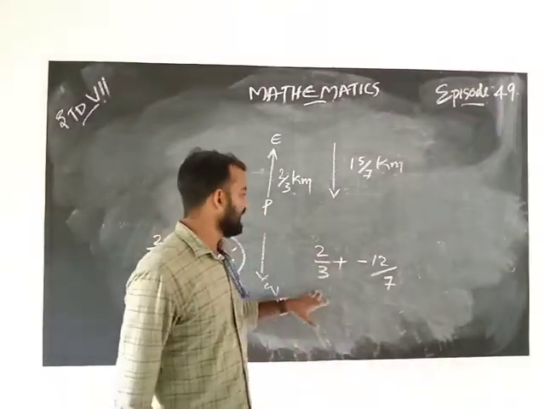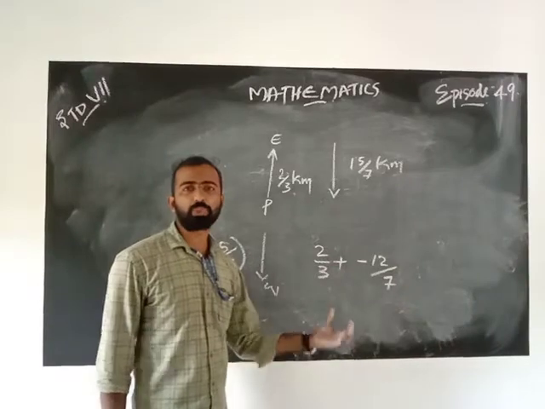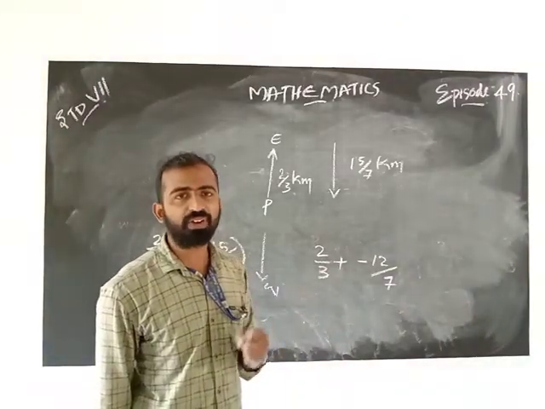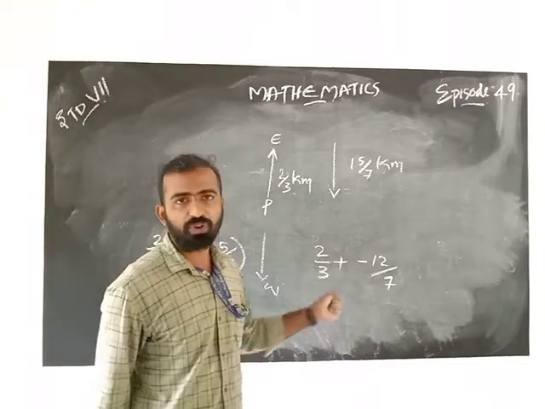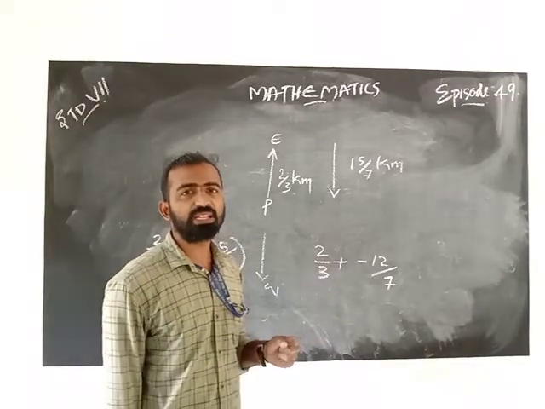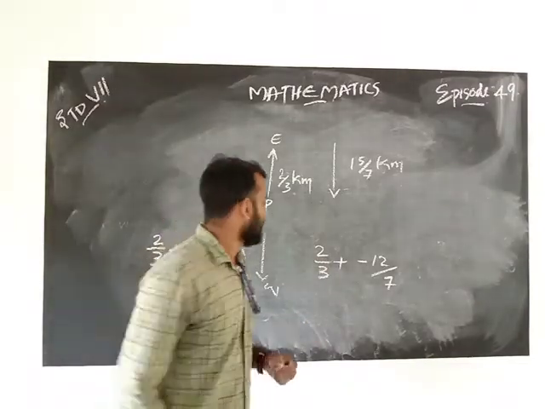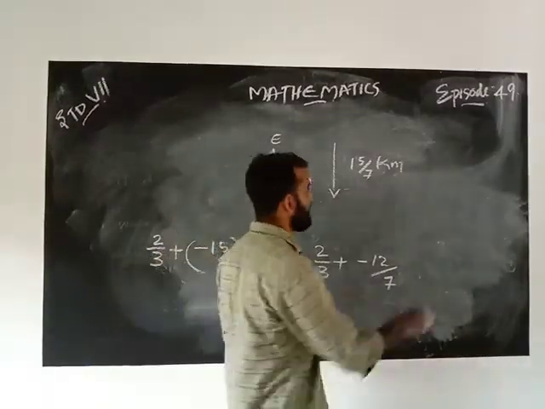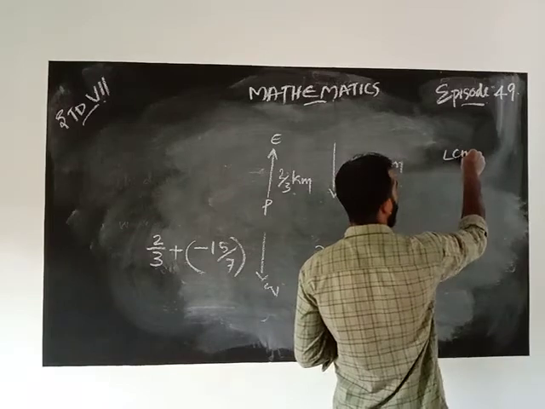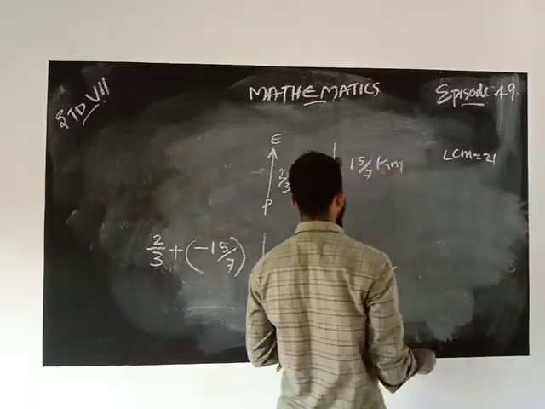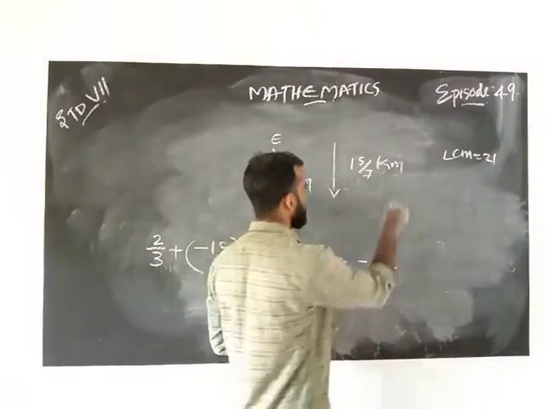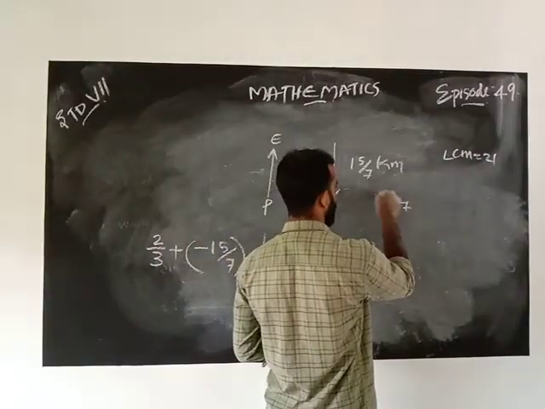Yes. When we see these two rational numbers, the denominators are different. So for this addition, we take the LCM. The LCM is 21. So we make the denominators the LCM.